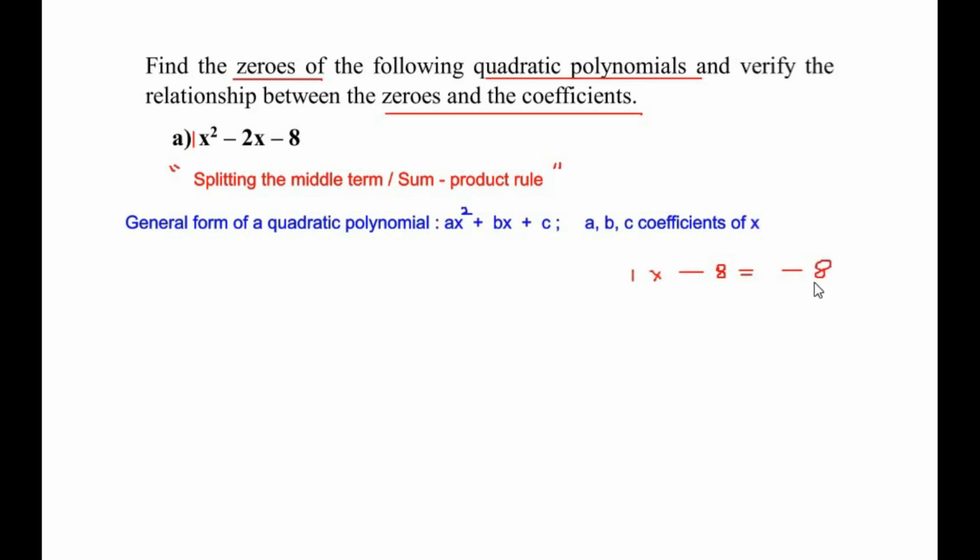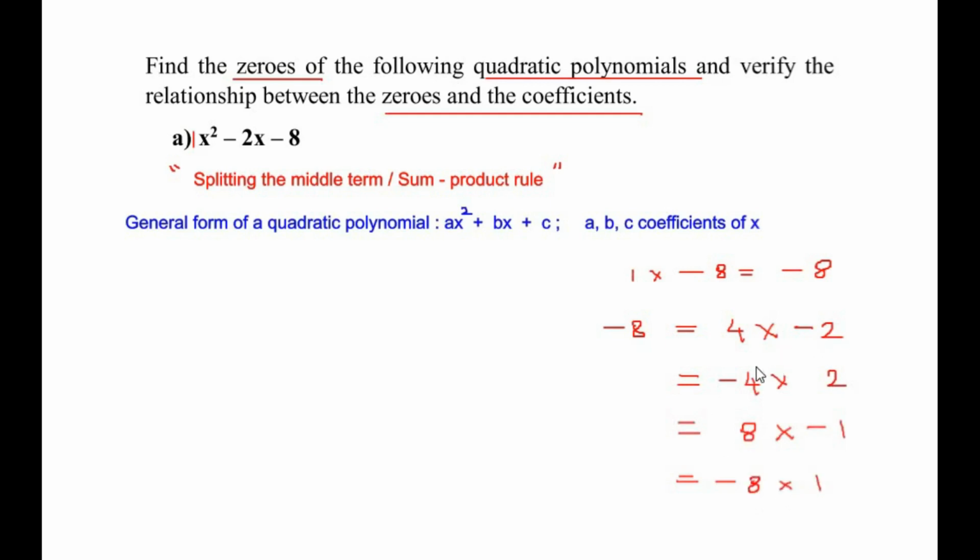Now let us find out the factors of negative 8. So the factors of negative 8 could be 4 times negative 2, or the reverse way round, that is negative 4 times 2, and then we have 8 times negative 1, and we have negative 8 times 1.